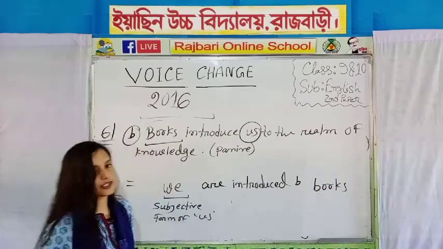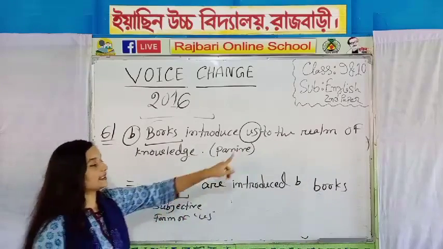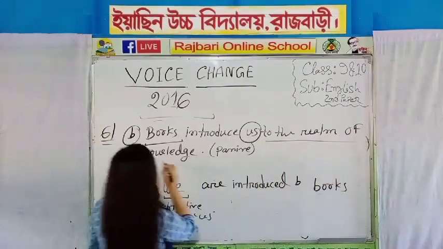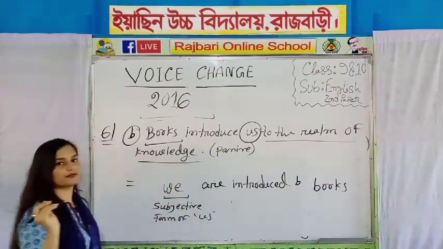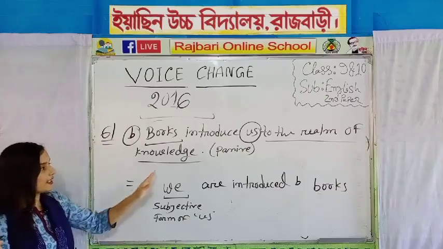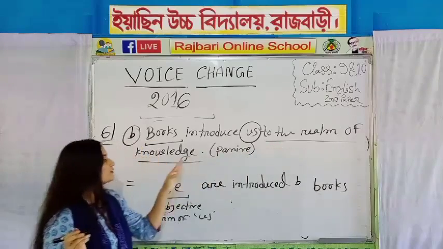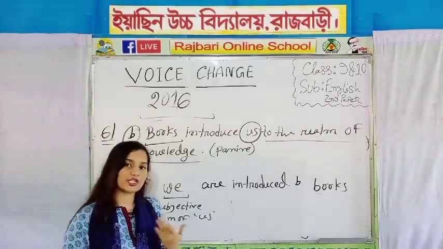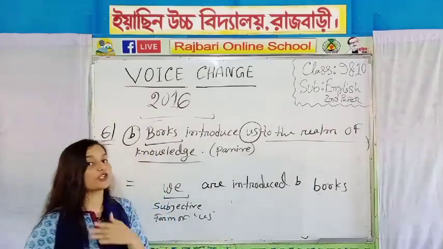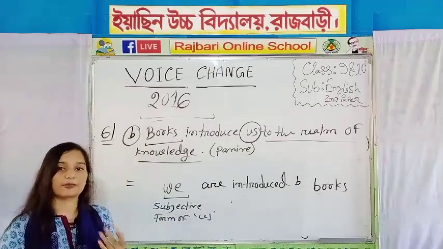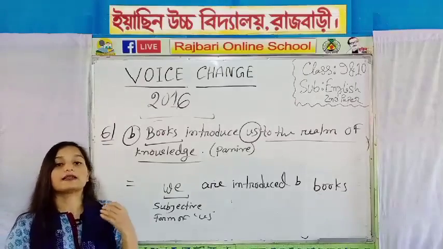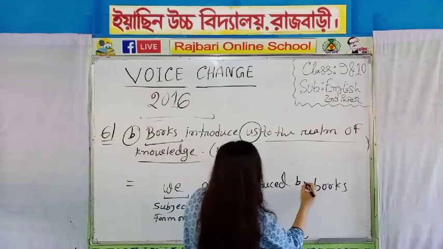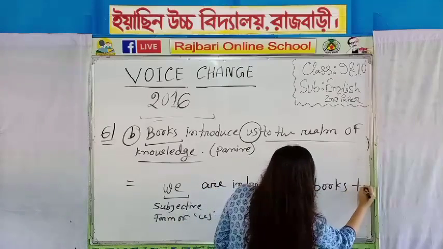Okay, see one thing. Here, there's an extension to the realm of knowledge. See? To the realm of knowledge is the extension here, and we know if you get an extension, just let it be there. You don't need to change it, you don't need to change the place of it, you don't need to worry about that. So, we are introduced by books, then to the realm of knowledge.